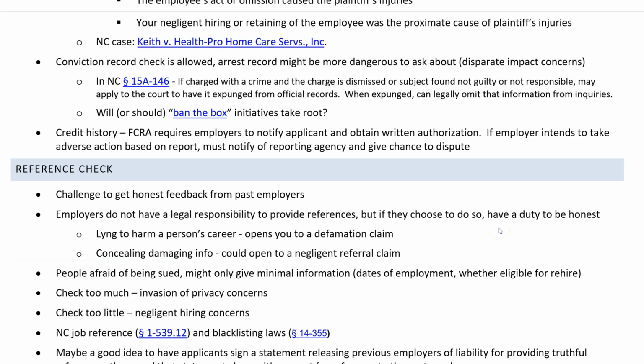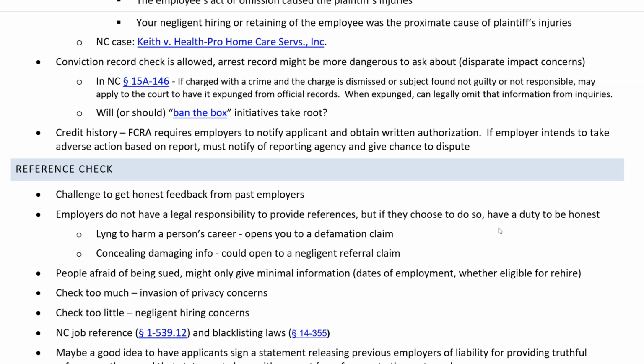Now, a lot of companies are also checking credit history because they think it has some indication about your responsibility level, your ability to handle finances. This is allowed. The FCRA, which stands for the Fair Credit Reporting Act, does require that employers notify an applicant and obtain written authorization in order to do this check.